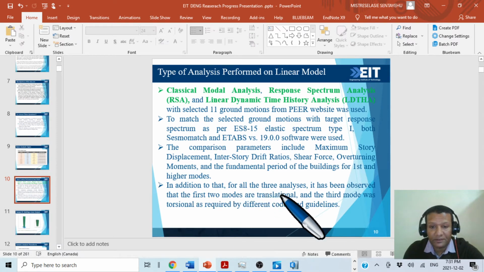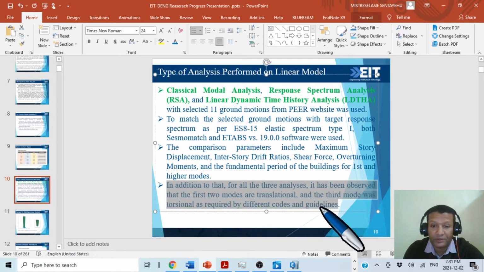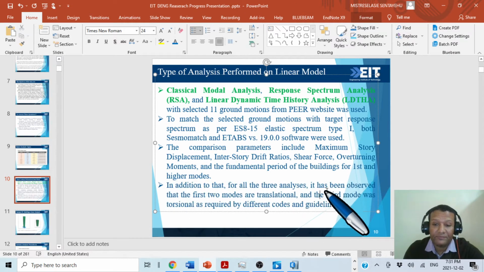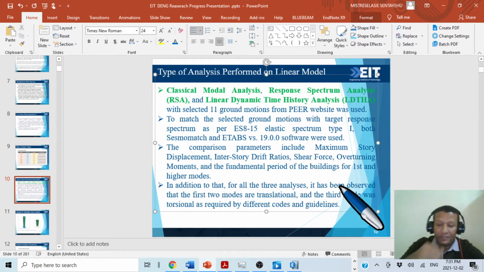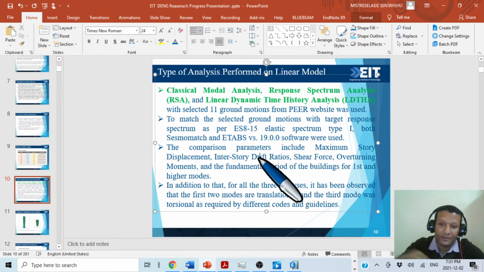If the building is regular type, the first two modes should be translational, and the third mode will be torsional, as required by different codes and guidelines. This is also very important, because if the first mode is torsional, then it is an irregular type, or there may be some kind of problem in the building. This one I will show you in a minute.